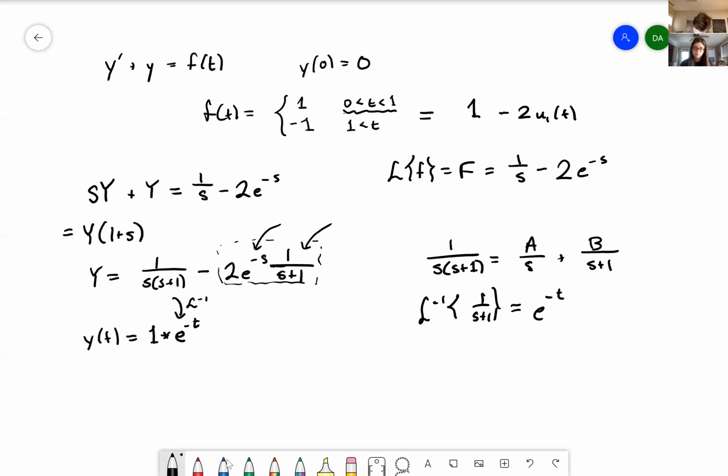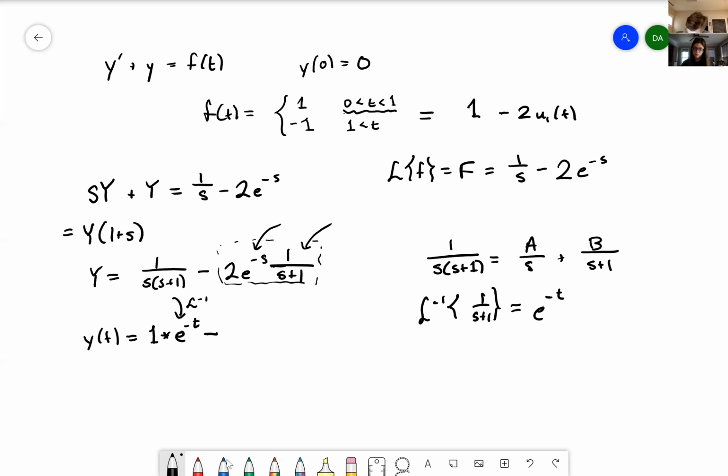Well, let's just do this one as a convolution also. So e to the minus s is... hmm, yeah, let's not do it.